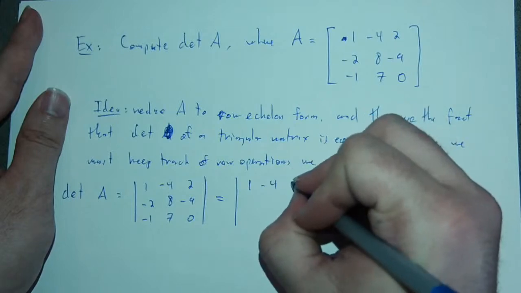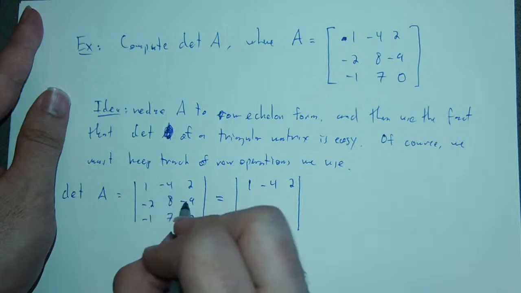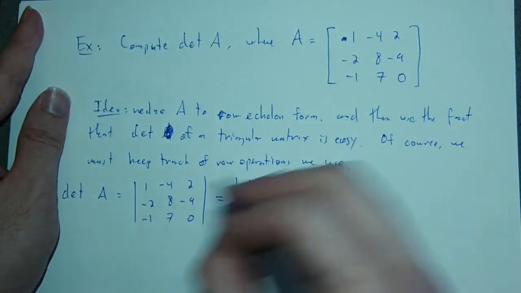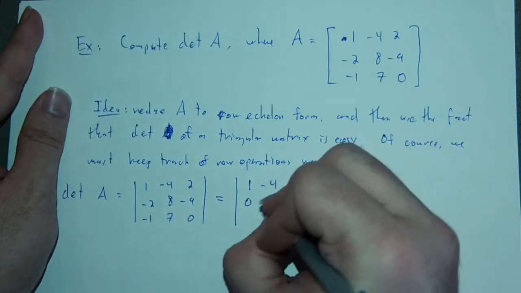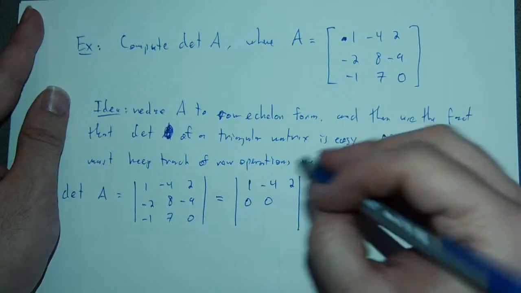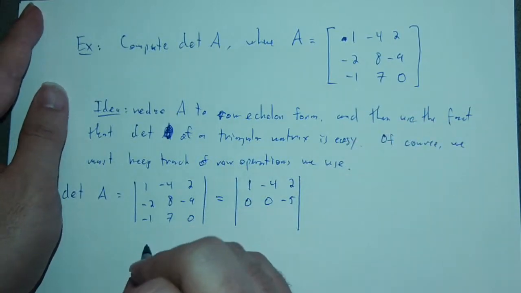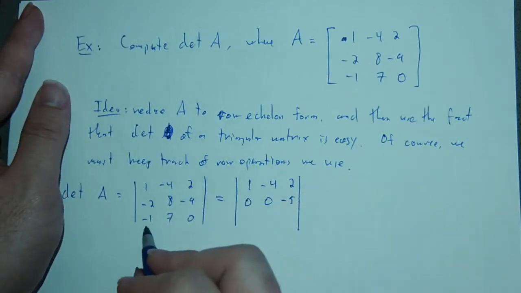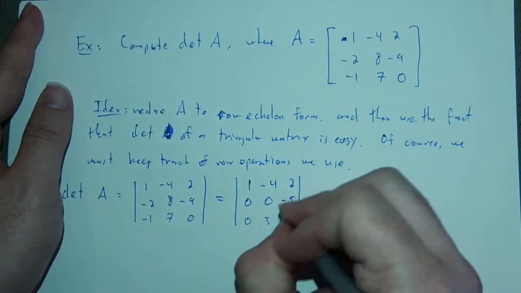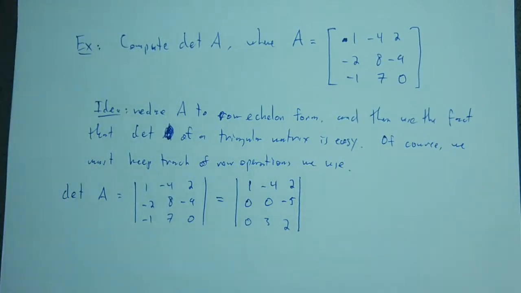I get 1, minus 4, 2. So 2 times row 1 plus row 2 gives me 0 here. This would be minus 8 plus 8, so that's also 0, and then minus 5 here. And then zeroing out this entry, this minus 1, gives me 0, 3, 2, since this entry was a 0 before.